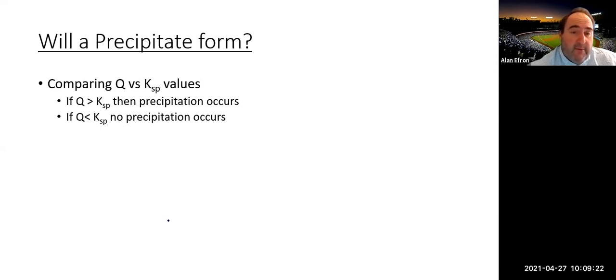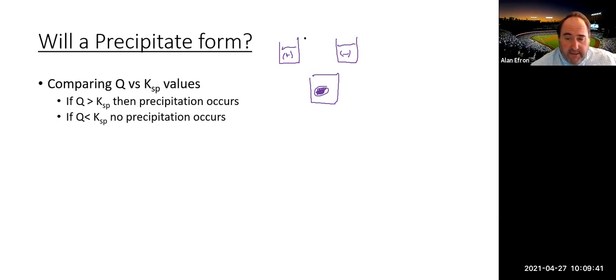So how do we look at that? Say we take two solutions, and in those solutions there's a cation and an anion which, by solubility rules, we know will make a solid if they come together when we pour them in. To see whether or not this will actually occur, as we talked about at the very beginning of this chapter, we can look at Q. Q is the reaction quotient, and it is calculated the same way as KSP, which means we're basically taking just our products.